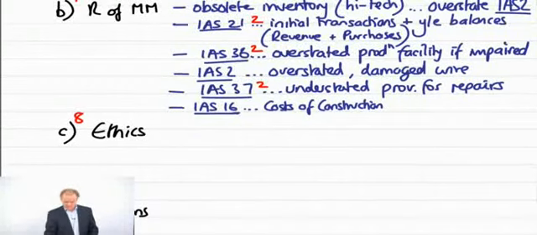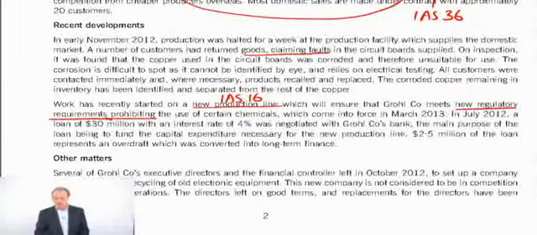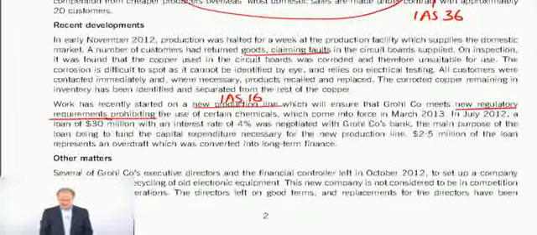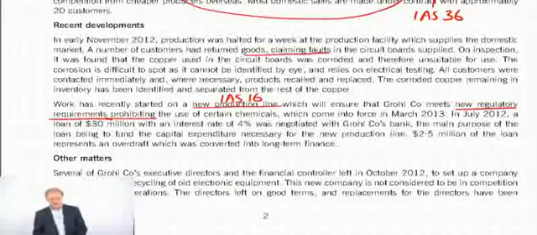Let's go back because I've already forgotten what it says. In July 2012, so during this year, a loan of 30 million with an interest rate of 4% was negotiated with the bank, the main purpose to fund the capital expenditure for the new production line.